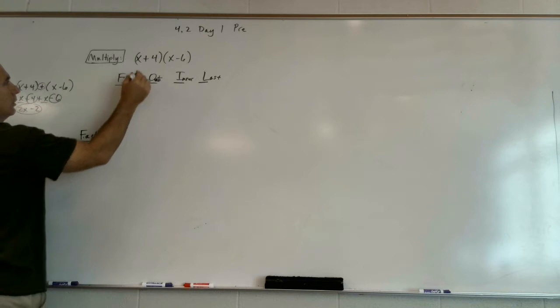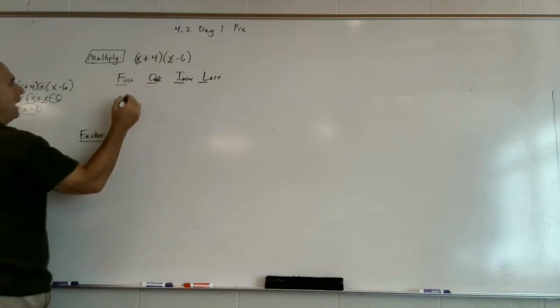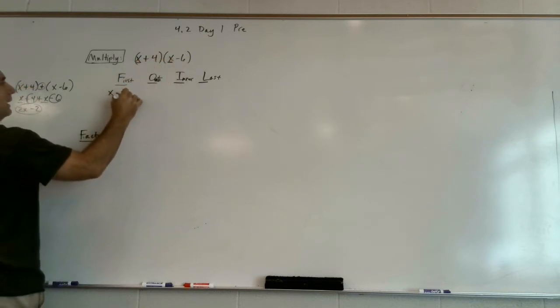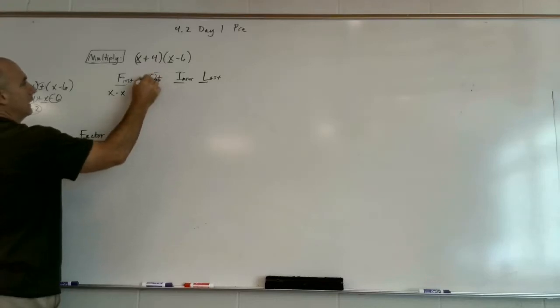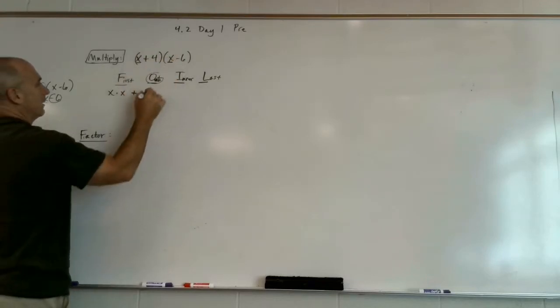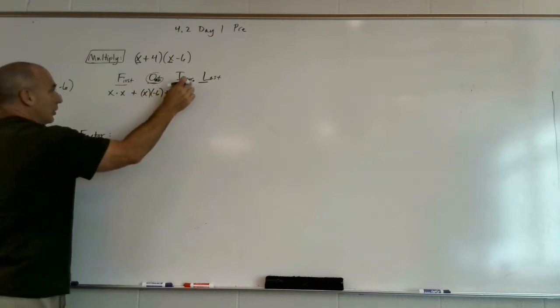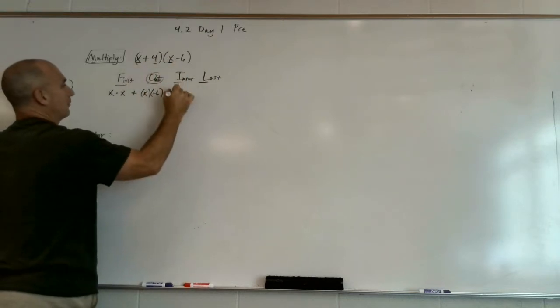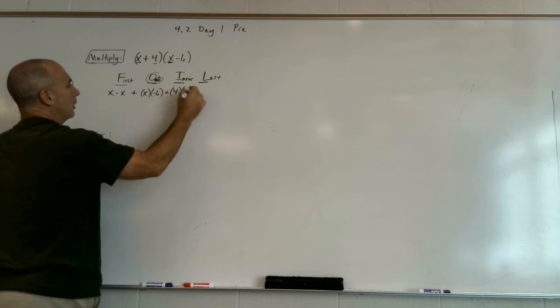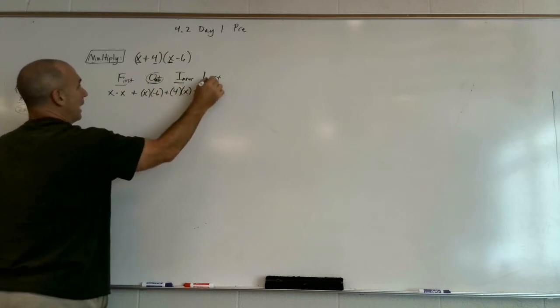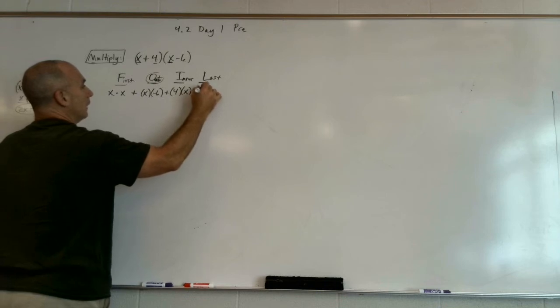The first term in each binomial, you multiply together, then you add the outer, which is x and negative 6. Then you add the inner product, which is 4 and x. And you add the product of the last two items.